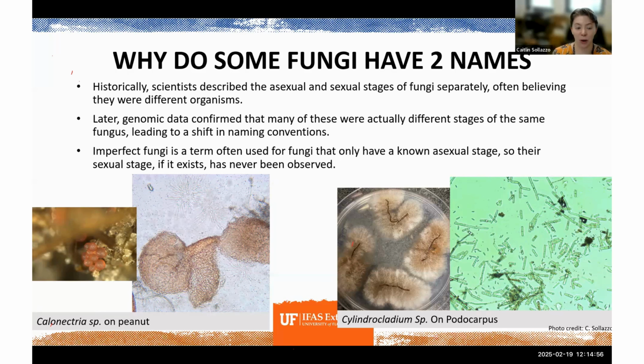And so when we were identifying fungi based on morphological features, it's pretty understandable that a lot of scientists named them different things because they assumed they were different fungi. Now that we are in our molecular age, we can do molecular tests and we realize, hey, these are actually the same fungi, just different life stages. So a lot of fungi have two names that way.